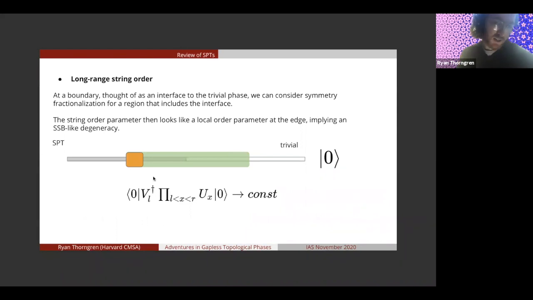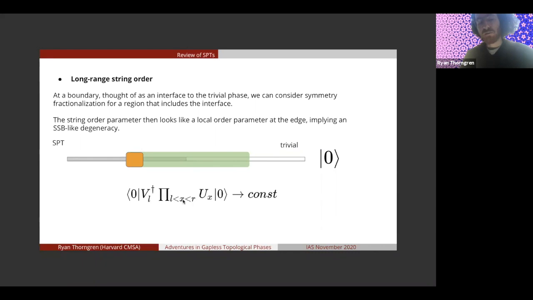If you have a boundary of the SPT, we can think of that as an interface from the SPT phase to the trivial phase. The whole system here is symmetric because we're studying symmetry preserving boundary conditions. So symmetry fractionalization will hold in this system, where now the endpoint operator in the trivial phase will just be trivial. It'll be the identity. Whereas in the SPT phase, it'll be this non-trivially charged thing.